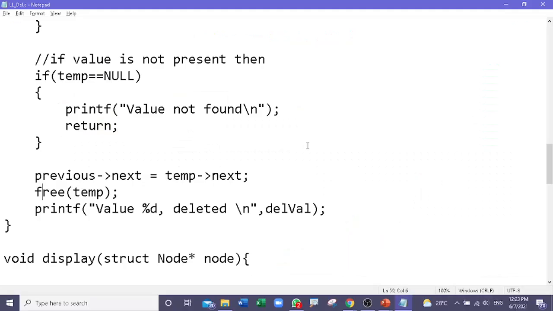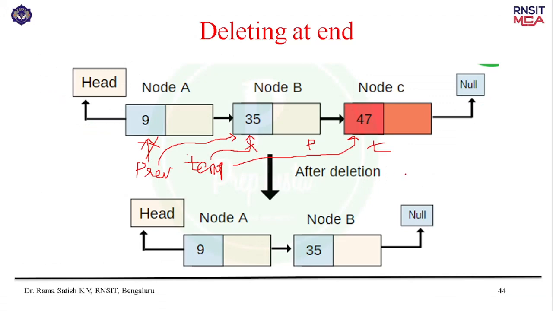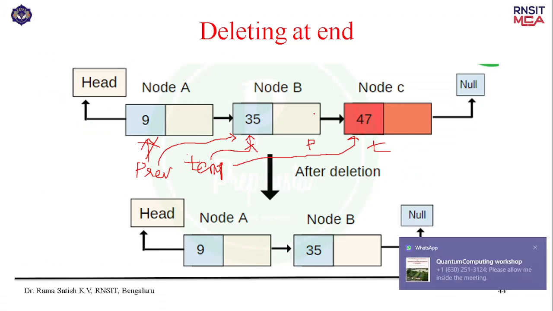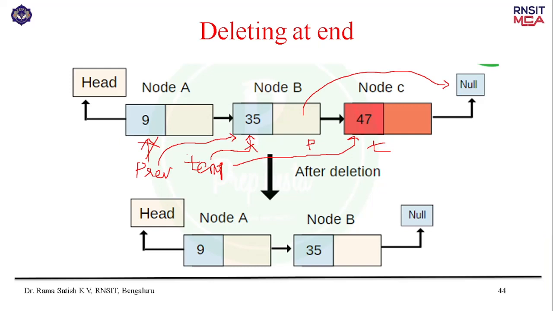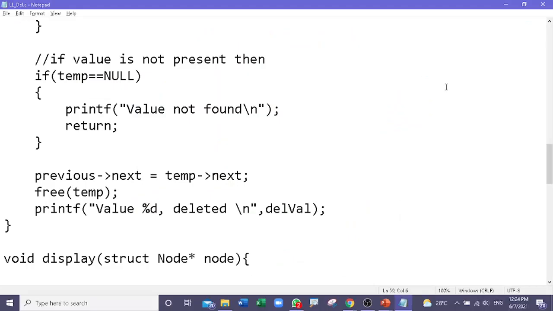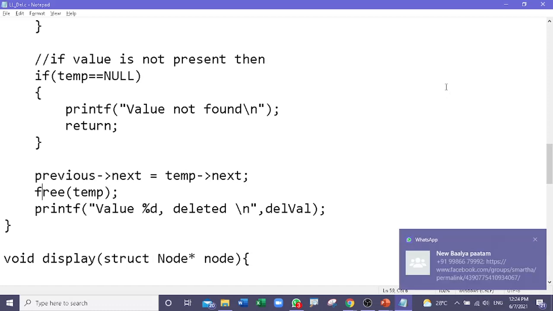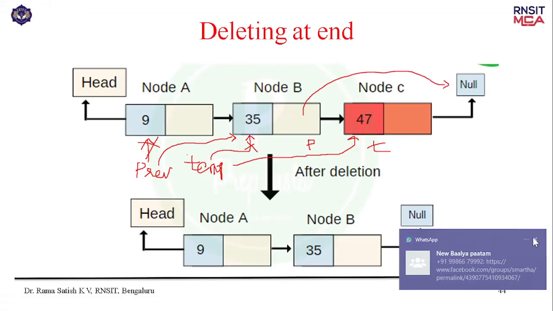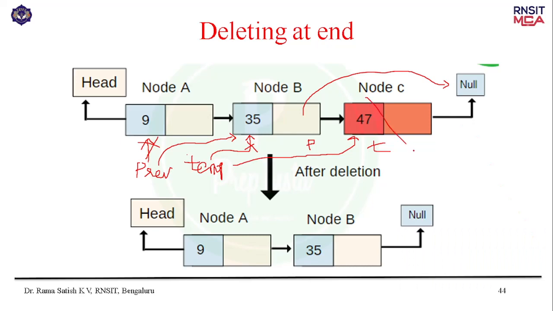Now what you have to do, observe the step: previous of next is equal to temp of next. So temp of next is what? Null. So previous of next is automatically moved to null. After this it will free temp, so temp is freed.